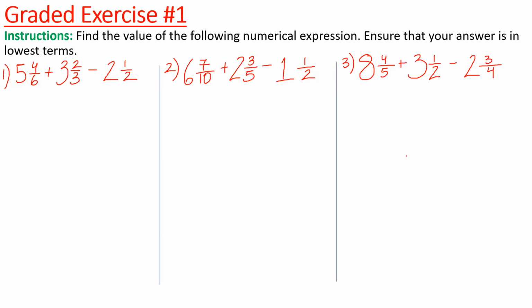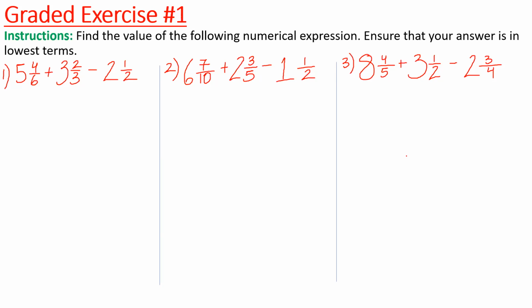And Summer, what number are you on? I can't hear from Summer. Tegan, what number are you on?